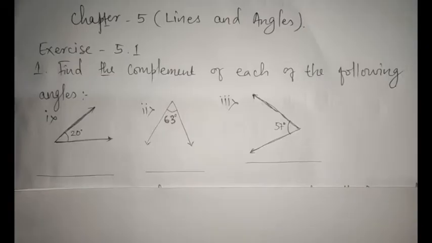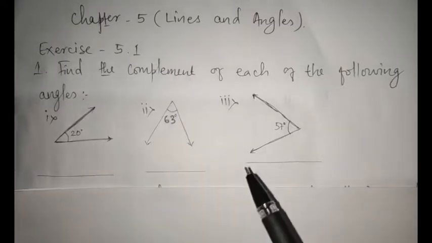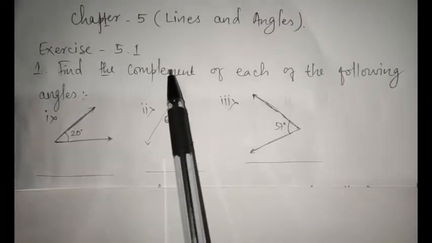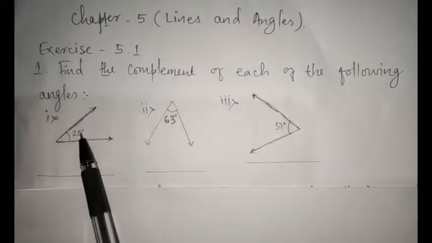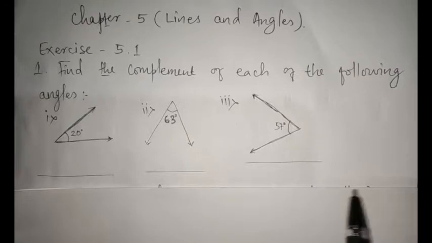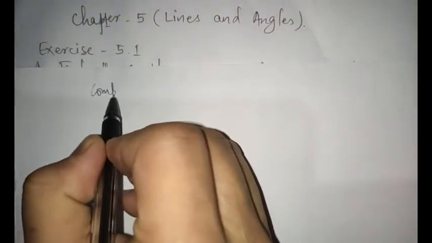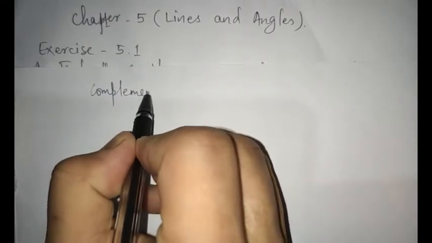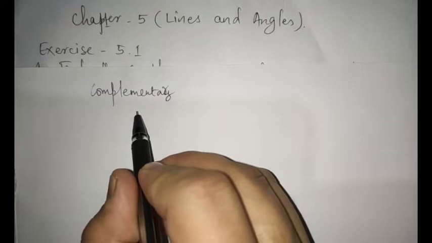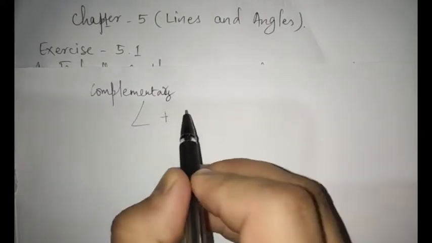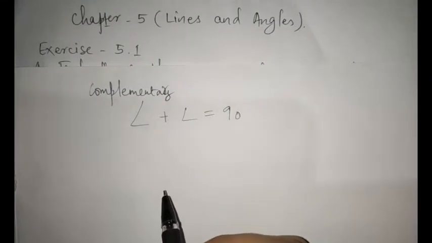Okay, so students, here we have the first question from exercise 5.1. The question states: find the complement of each of the following angles. So you have to find the complement of the angle given in the figure. You all know that complementary angles are a pair of angles which, when you add them, give 90 degrees.